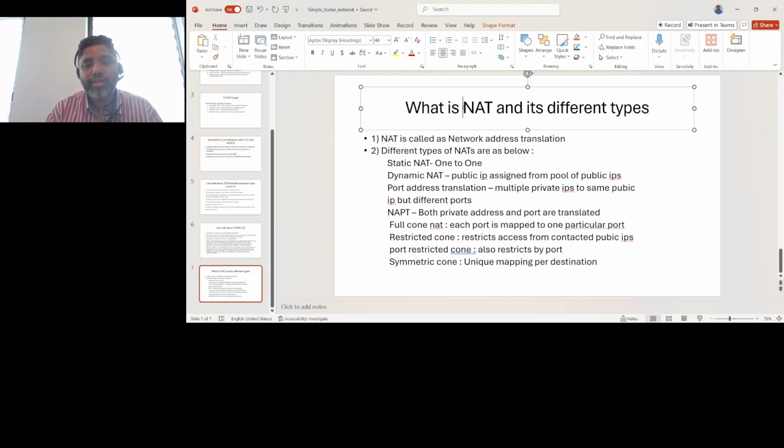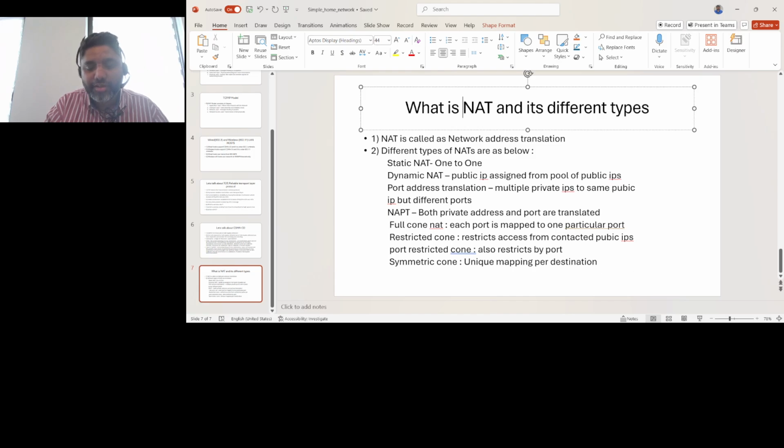So to avoid that IPv4 depletion, we use a technology called network address translation, where we give different private IP addresses on the LAN side and one or more public IPs on the WAN side, right? What I mean to say is, these private addresses are given on the residential router.